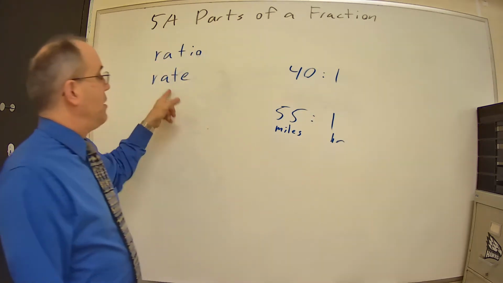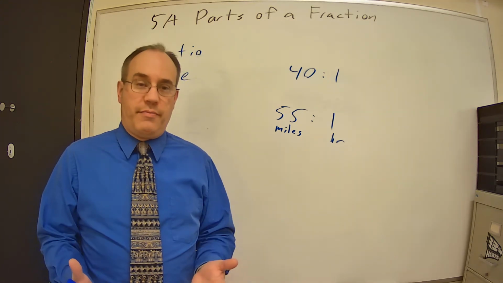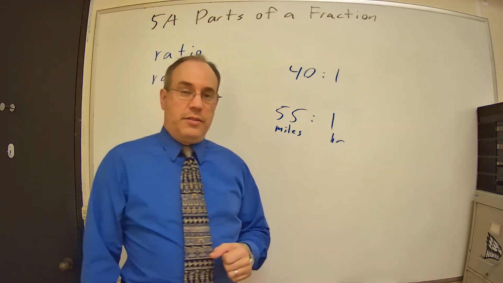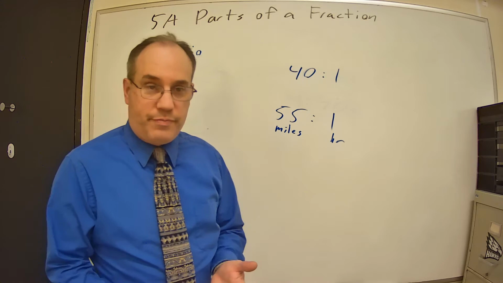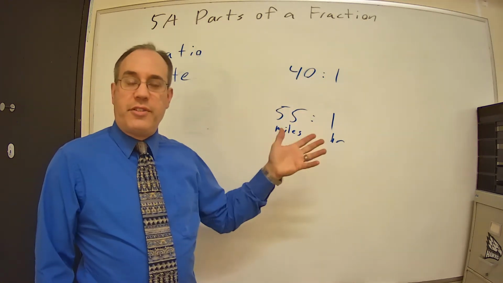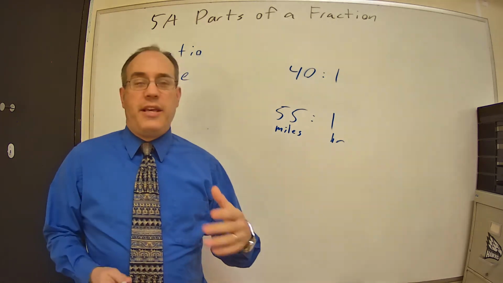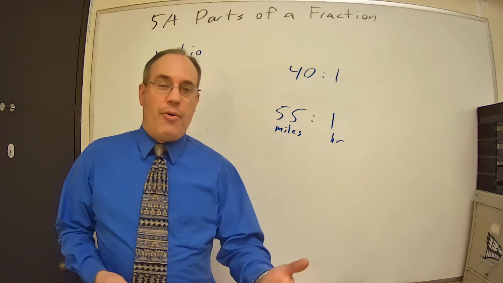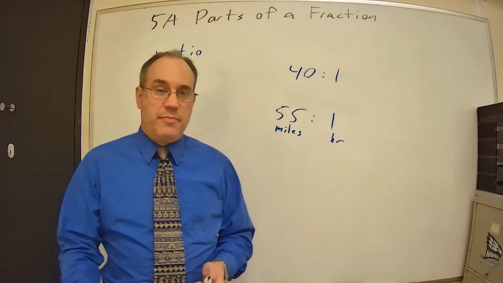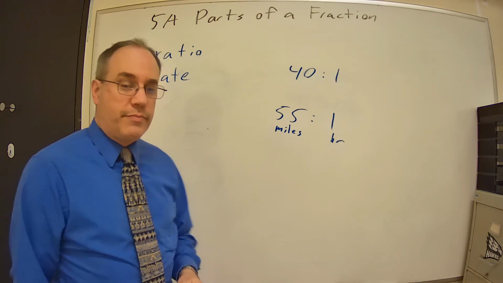So a rate compares two values that have different units. 55 miles per hour. 32 feet per second. So that's where our differences come in. Or even look at a recipe. This many cups of flour, this many teaspoons of salt. So we have different units. And that's a rate.